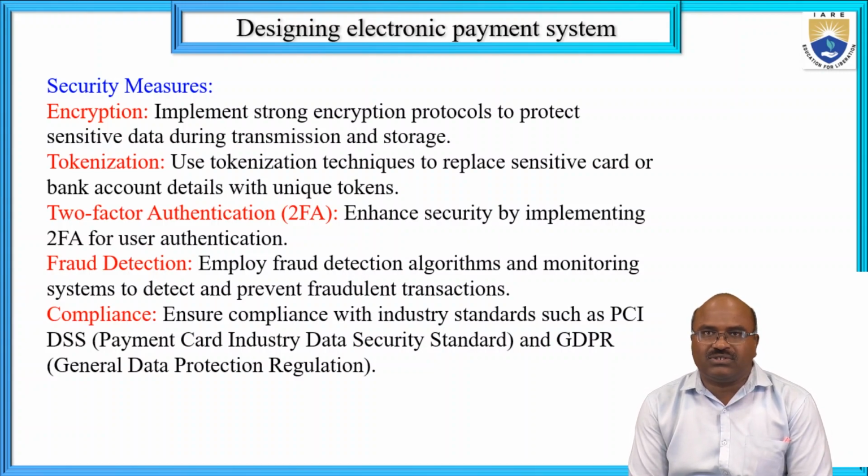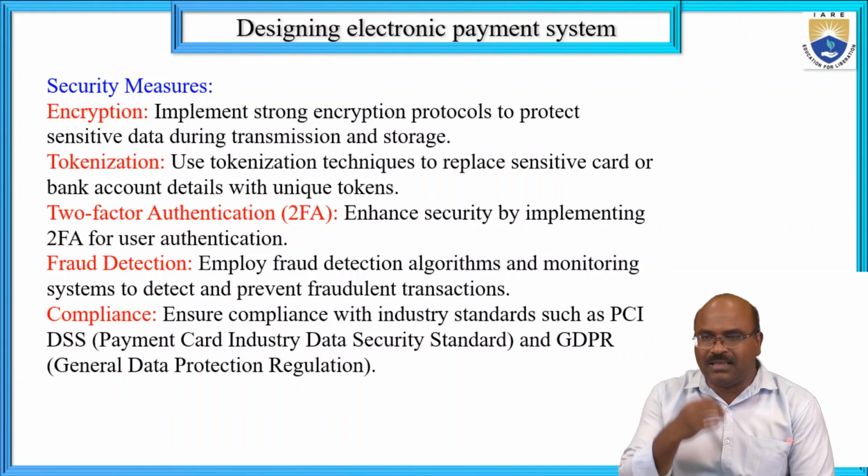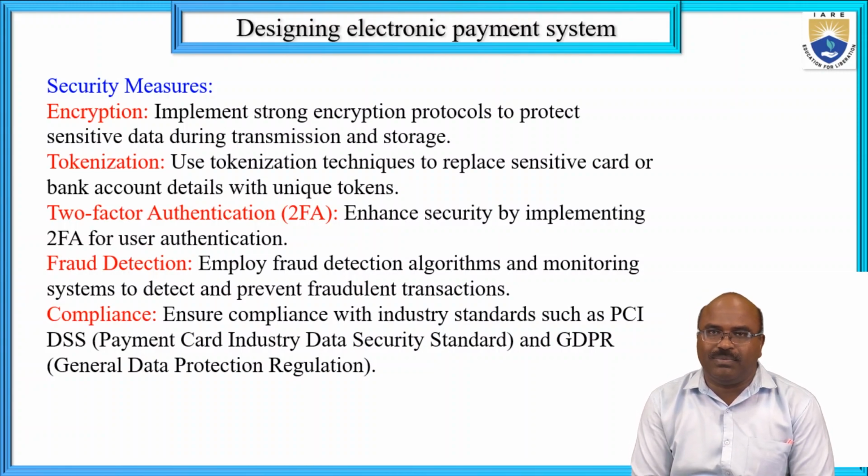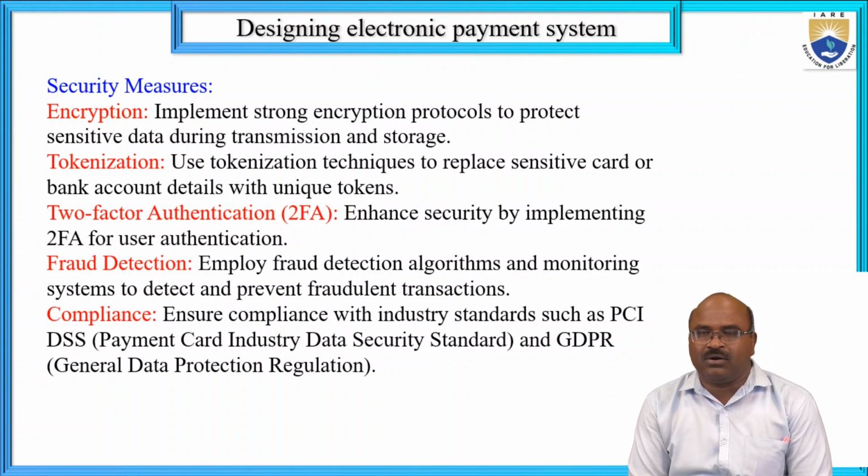How do we secure the data? The most important common technique is called encryption. Legitimate data is converted into unreadable data. Ciphertext can be converted into plain text, or plain text converted into ciphertext. Such a technique is called encryption, with the help of a key.